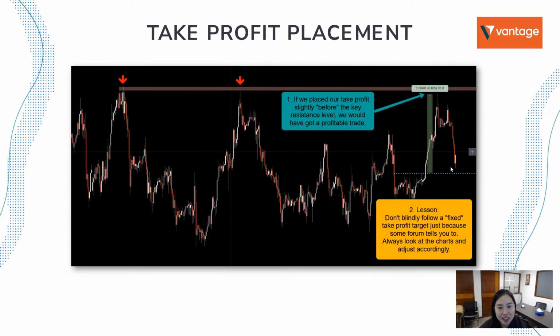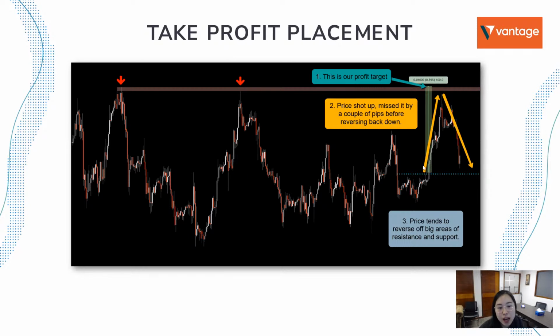Oh, good. Okay. So yeah, price went up. It kind of missed a little, because although we do forecast price coming back to our resistance area, we just have to remember that price is attracted to those areas. It's just attracted, so it won't always go up and touch the entire area.